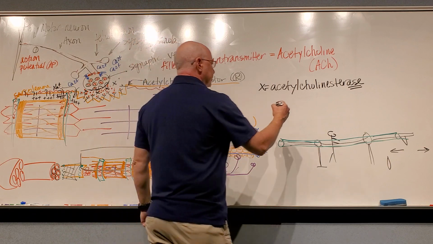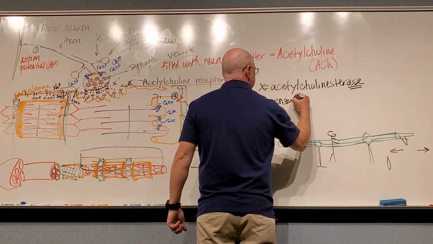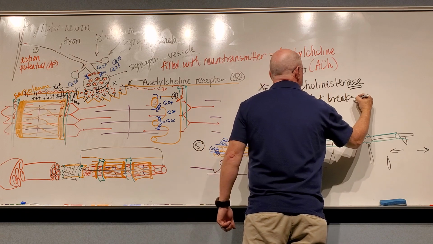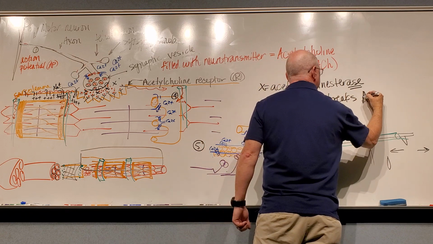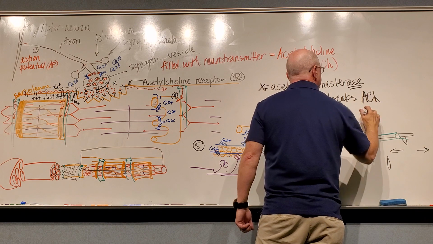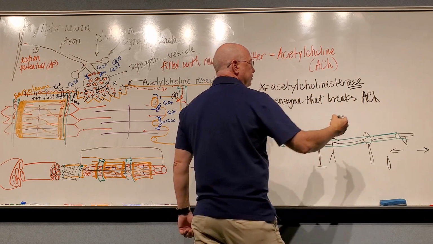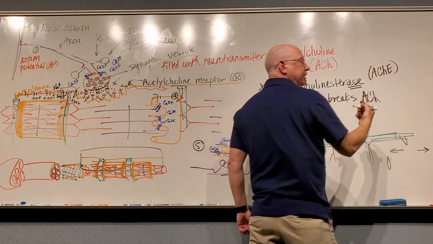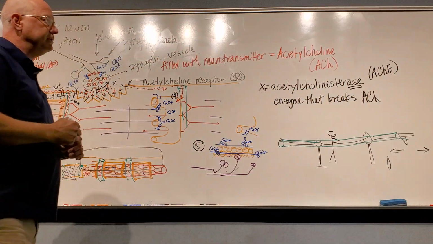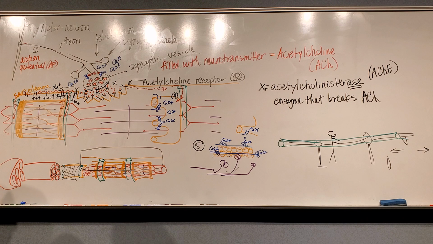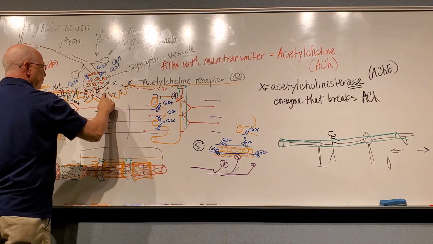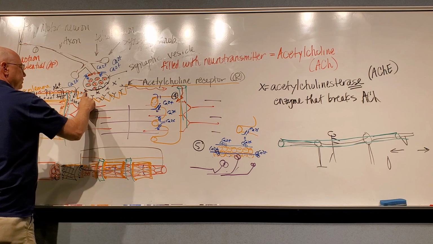So acetylcholine esterase is the enzyme that breaks down acetylcholine in the synaptic cleft. And acetylcholine esterase has the abbreviation AChE, capital A, capital C, little h, and E. Essentially, acetylcholine esterase breaks down all the acetylcholine in the synaptic cleft.